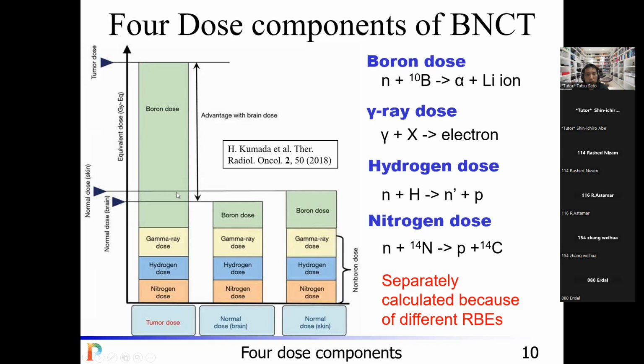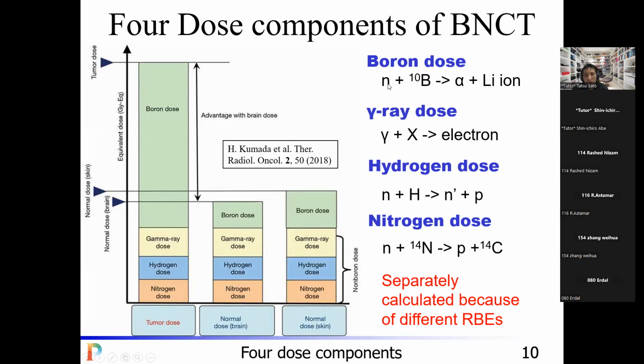One is boron dose. The second is gamma ray dose. Third is hydrogen dose. And the fourth is the nitrogen dose. And the reactions that contribute to each dose are different.